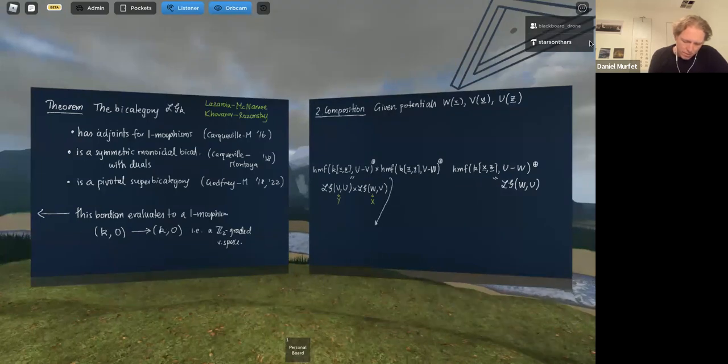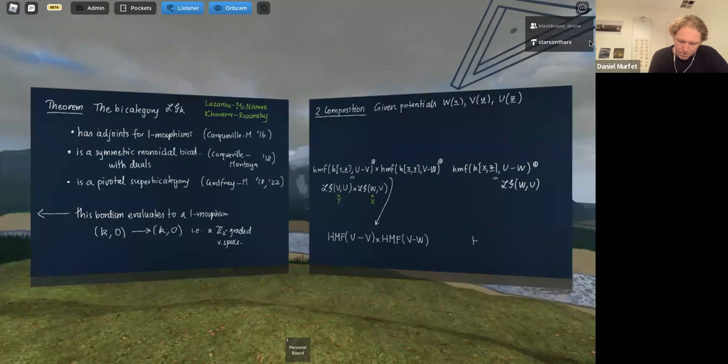Okay, well, let's sit all this inside capital HMF. Let me just drop the rings and write it like this. Well, there is a perfectly good composition functor that takes the pair (Y, X) and maps it to the pair which tensors.